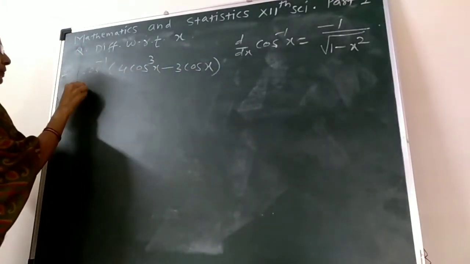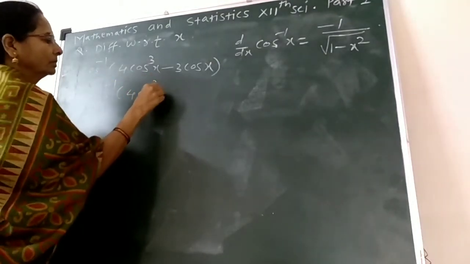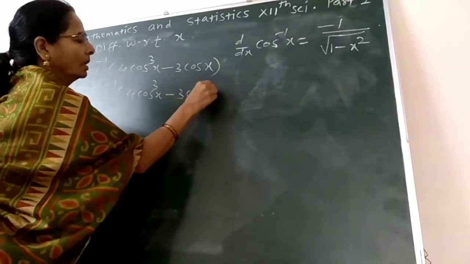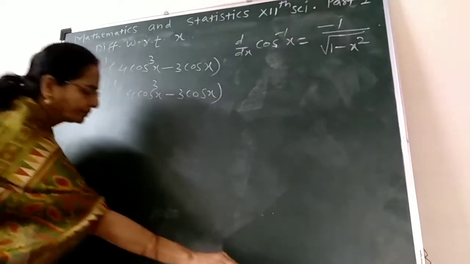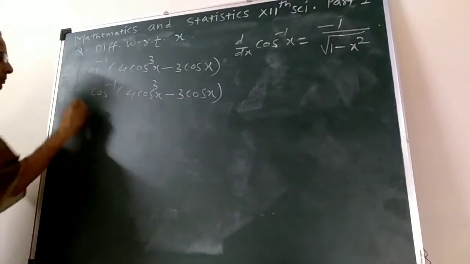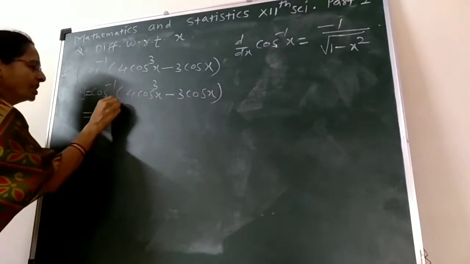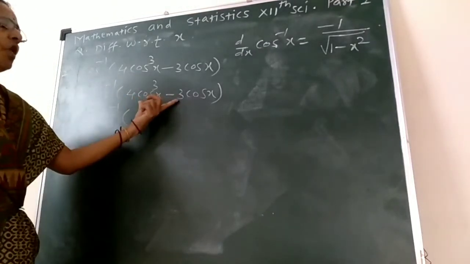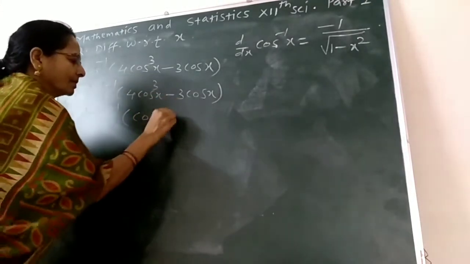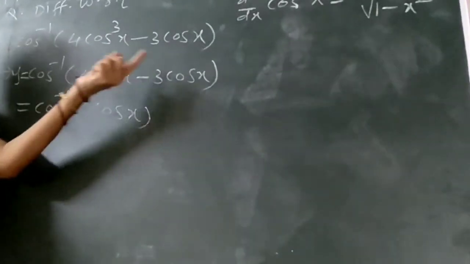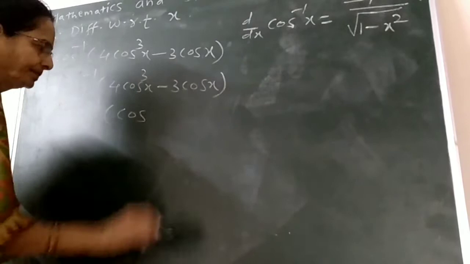Take y is equal to cos inverse, this is formula of cos 3x, so cos 3x is 4 cos cube x minus 3 cos x.